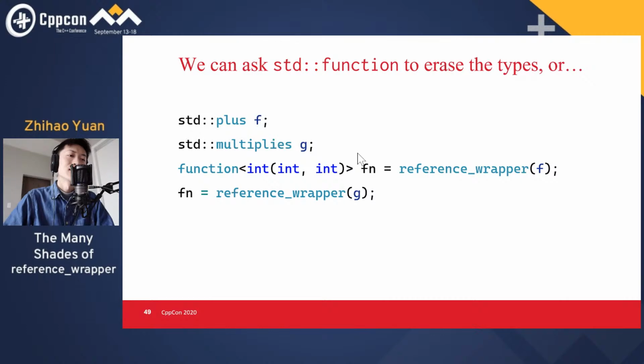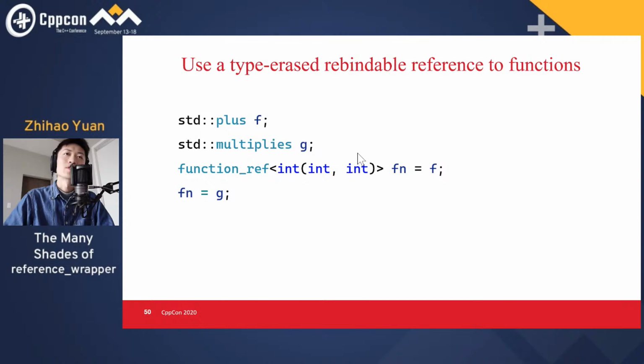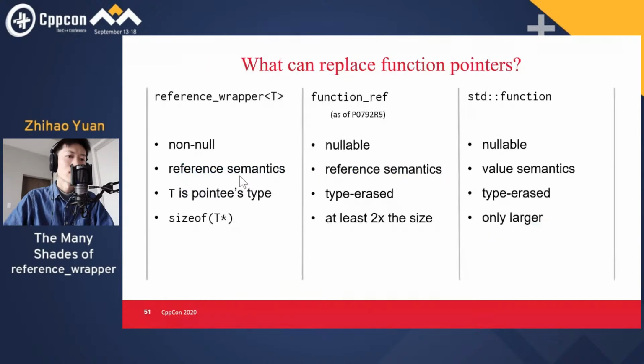All we need is just a rebindable reference to functions, and it should be a type erasure, right? Why don't we just provide it? A type erased rebindable reference to functions. std::function_ref. We are going to have it in C++23.